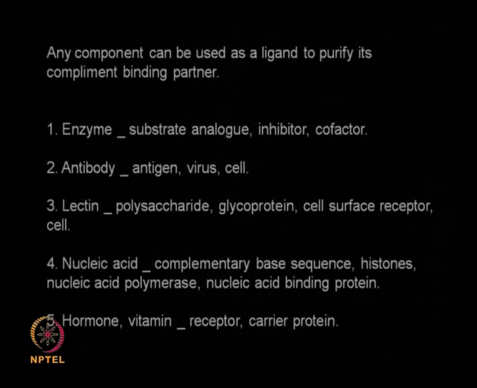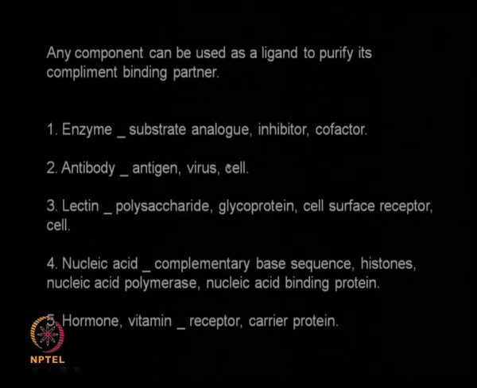So you can have an enzyme substrate analog, enzyme substrate inhibitor, cofactor, we can have antibody antigen, antibody virus, antibody cell, you can have lectin polysaccharide or lectin glycoprotein or lectin cell surface receptor, you can have a nucleic acid, you can have complementary base sequences, nucleic acid histones, nucleic acid polymerase or nucleic acid binding protein. If you have hormone vitamin, we can have a receptor or carrier protein.